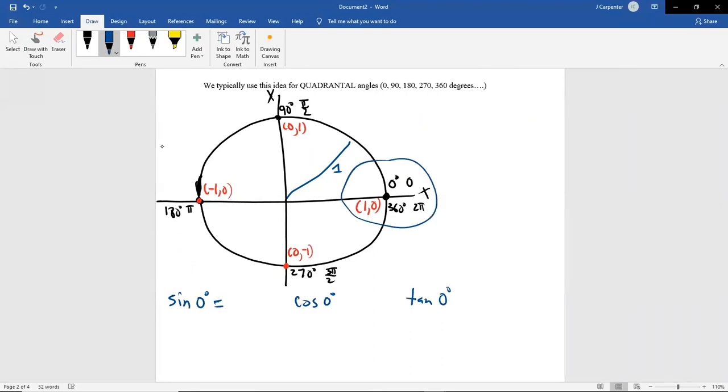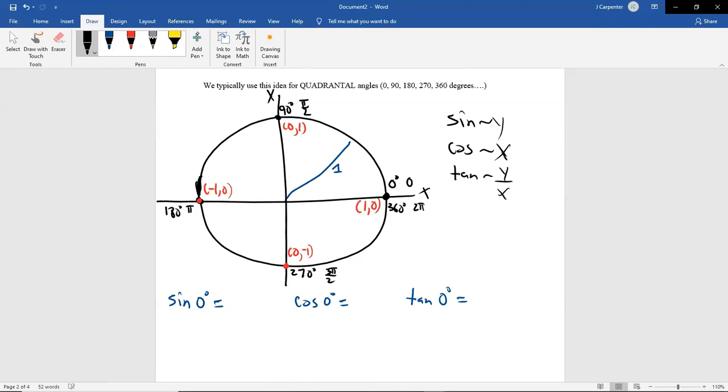Let's do one angle at a time. So we're only looking here. Now remember that sine will be the y coordinate. Cosine will be the x coordinate. Tangent will be the ratio of the two of them.